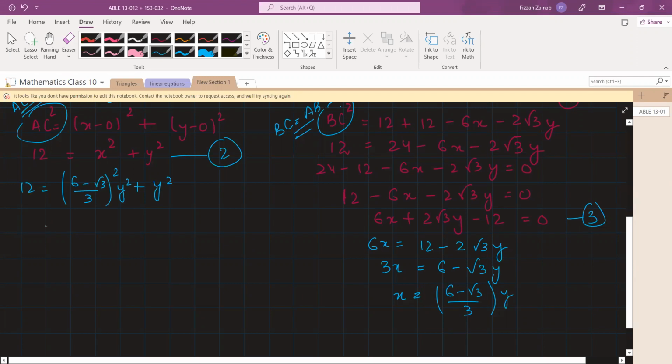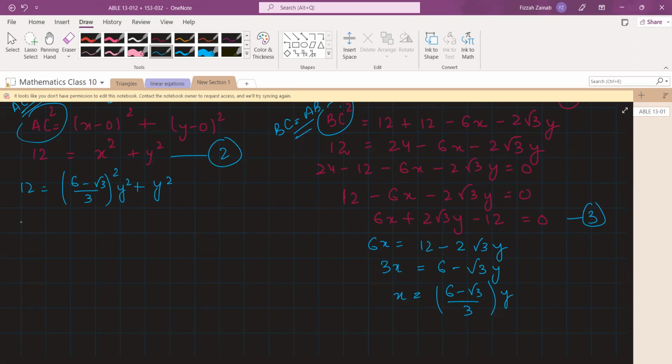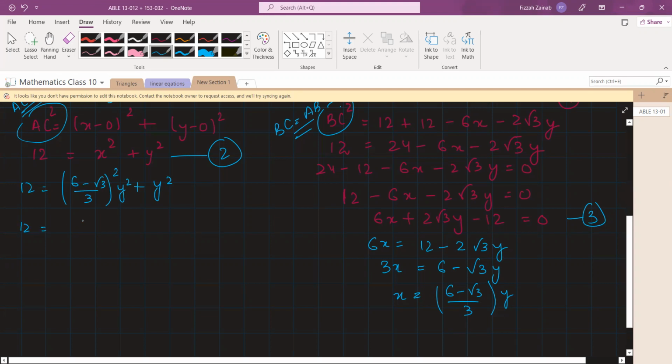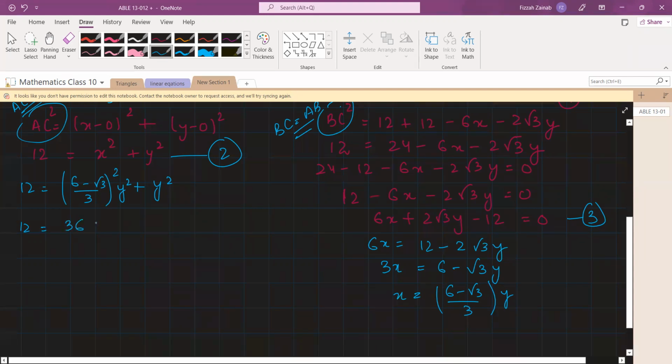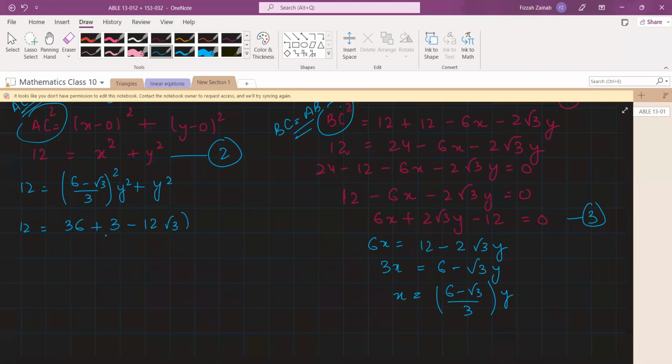Okay, so this will be 12 is equal to... first you open the bracket. So 6 square is 36 and then plus 3 and minus 2 into 6, 12, so 12 under root 3, and everything multiplied with y square.